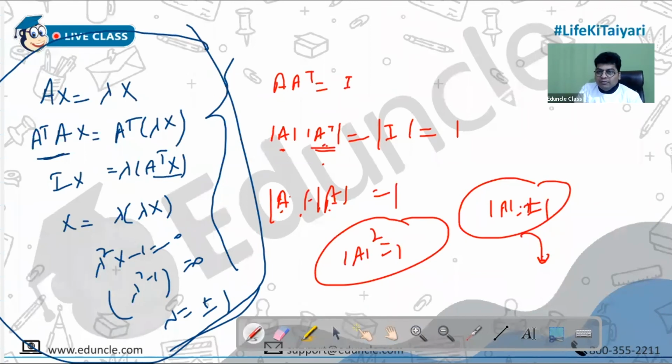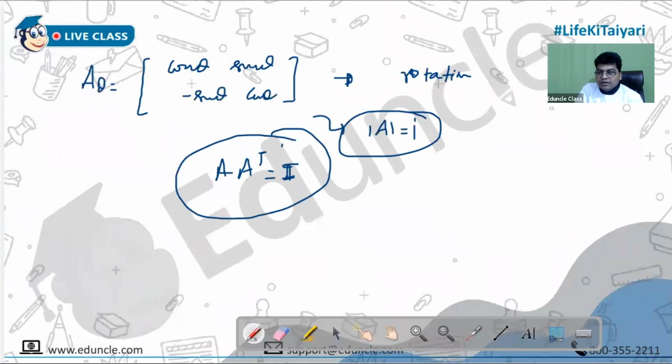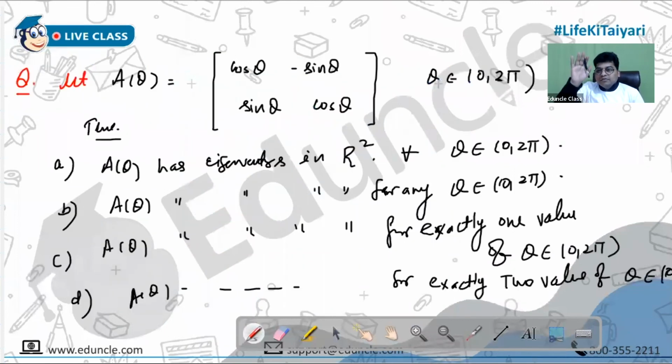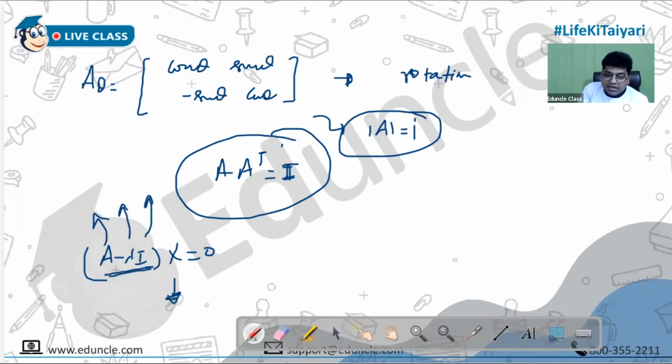But my main thing is orthogonal matrix has real eigenvalues. If real eigenvalues, then you will find out the eigenvector. How to find out eigenvector? Eigenvector is A minus lambda I of x equal to 0. Eigenvector is the solution of this. If A matrix is real, lambda is real, I is real, this is a real matrix.